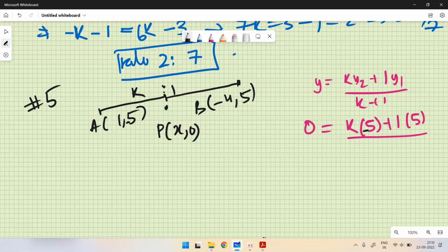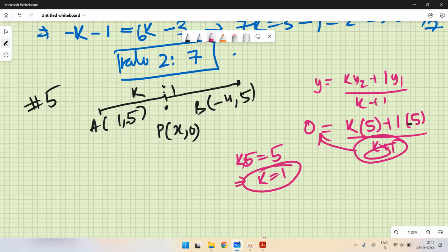No, y1 is minus 5, so ultimately this is by k plus 1. Now take k plus 1 here, this will also become 0 only, so k times 5 is equal to 5, which implies k equals 1. So ultimately this divides in the ratio 1 is to 1.